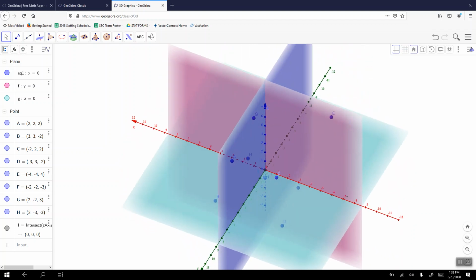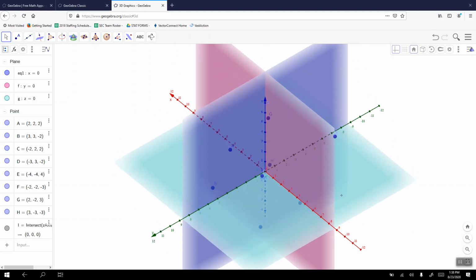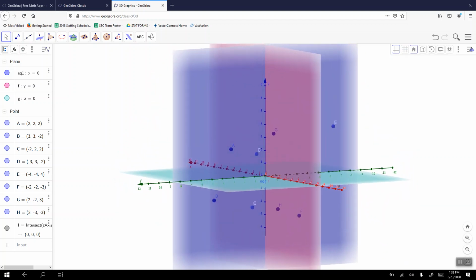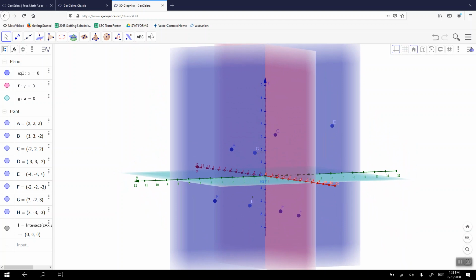Looking at points C and D, they were in quadrant 2 under the x and y coordinate system. However, they lie in different octants because they have different z values. And you can view the ordered triplets over on the left hand side of my screen. I have here that points C and D look very similar, but again they have different z coordinates.